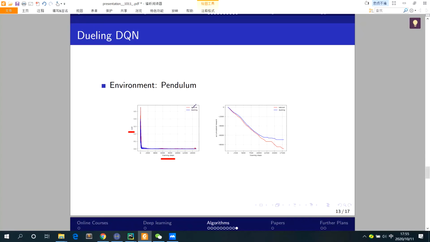Maybe it's not obvious, but in another picture, the x-axis is training steps and the y-axis is the cumulative reward. You can see the cumulative reward curve of dueling DQN is stable, and the cumulative reward of natural DQN still goes negative, which means natural DQN is not stable when it has converged, and the dueling DQN is more robust. We can say like this.